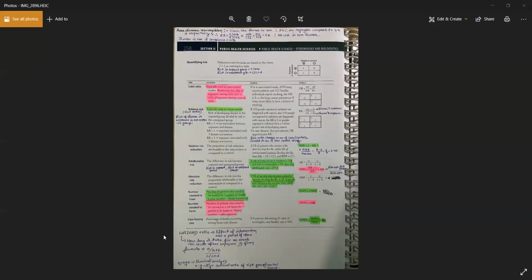Exactly, yeah, of course. So it is something like a relative risk ratio between two treatments, related to risk.